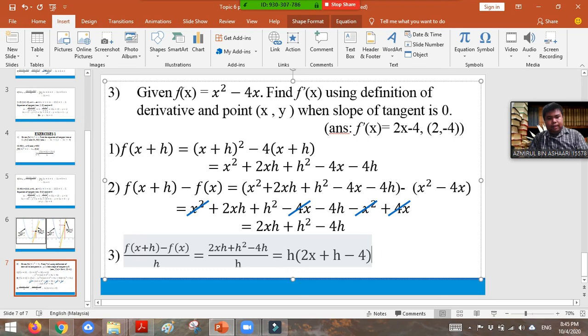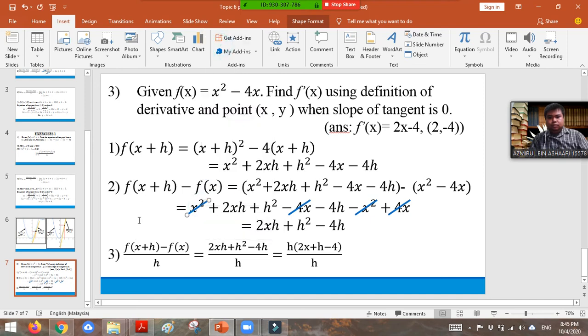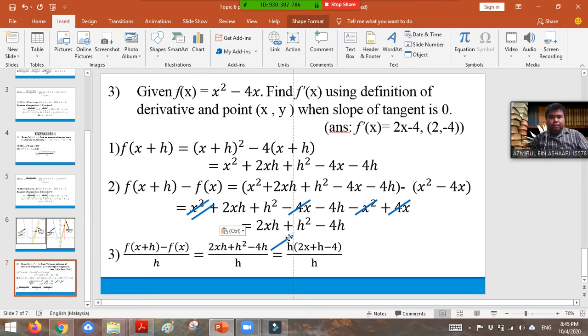Okay, divide by h. And of course I can eliminate h with h.